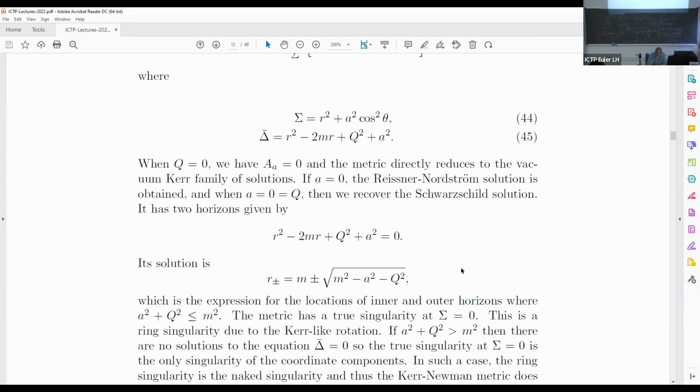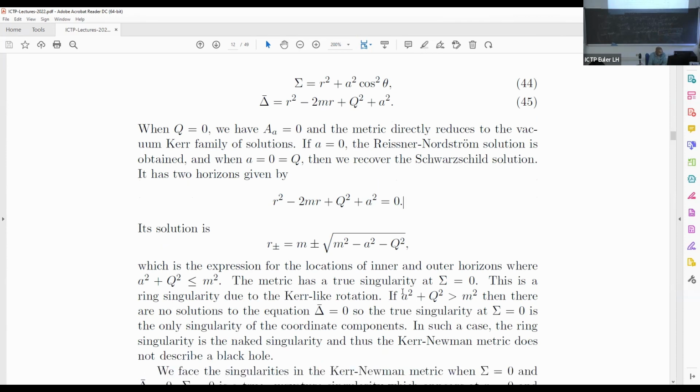Again, the same condition: if m square is greater than a square plus q square, so that the terms in the radical sign are positive, it's called the non-extremal case.